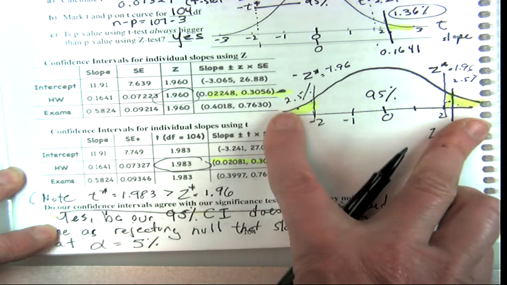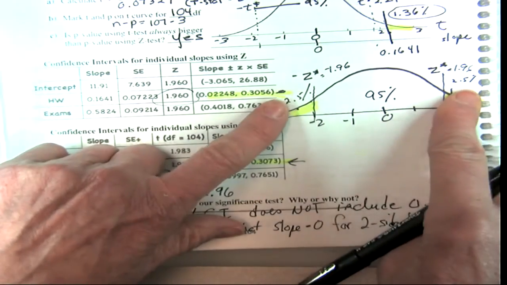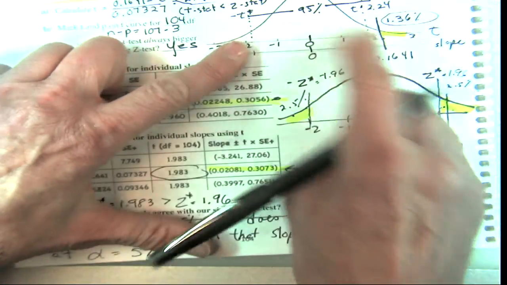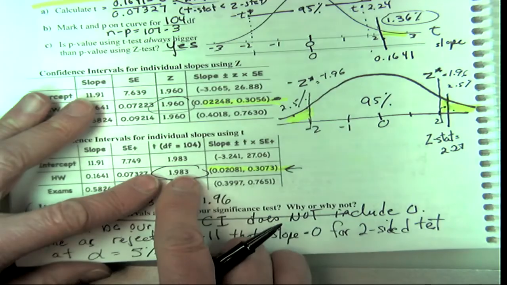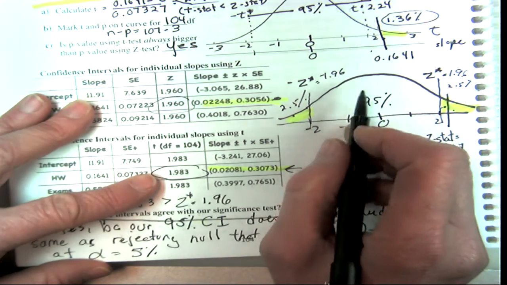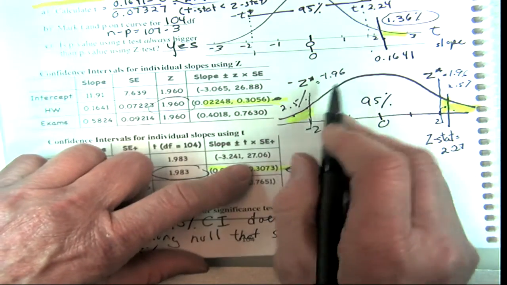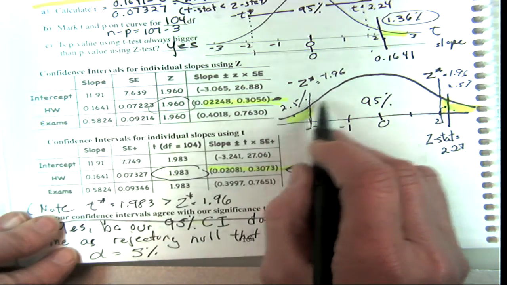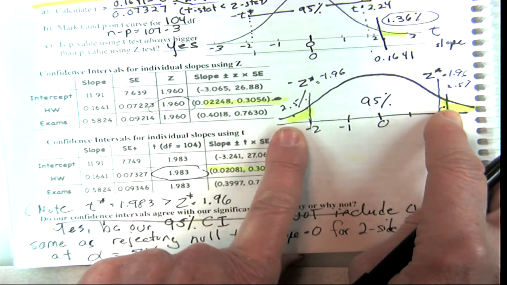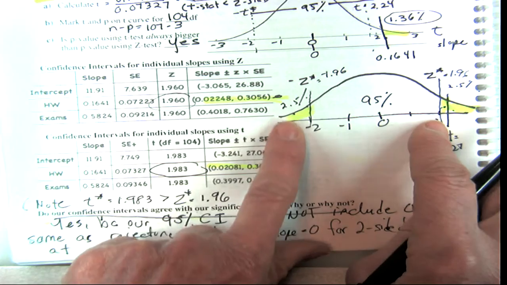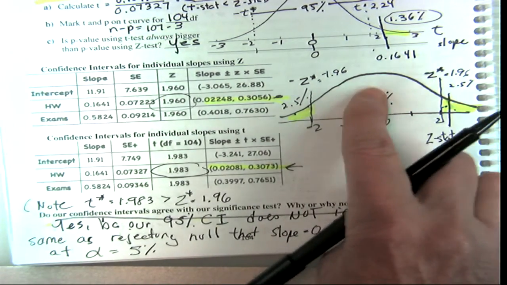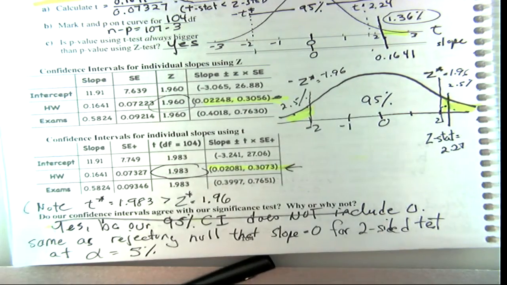Because you have to go further out. These tails are fatter, right? It's lower in the middle for the t. This is the z. Our t is fatter in the tails, so to get the 95% we have to go a little bit further out, not to 1.96 but to 1.983. Because it's a little bit shorter and fatter in the tails, and it still has 100% of the area.